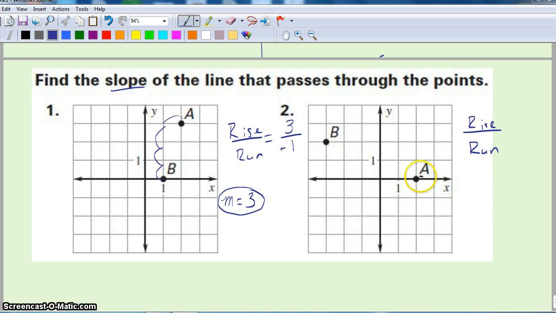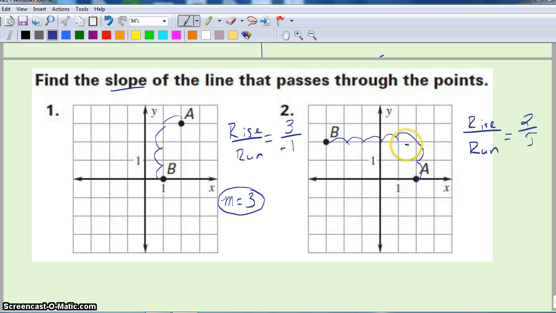Just in case you didn't get it, look at number 2. Start from the bottom point. Here it's A. Now rise 1, 2. There you go. I'm level with B. So my rise here is 2, divided by my run. How many times do I have to go over to touch B? 1, 2, 3, 4, 5.